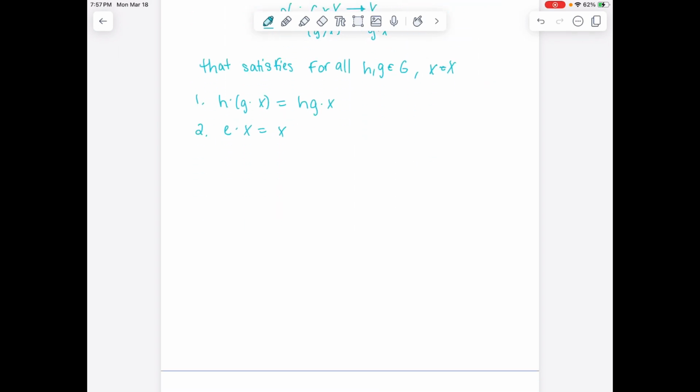And just an example that will help us with our work with Polya theory, we can have a group G as the dihedral group for a square, and X is the set of vertices of the square.